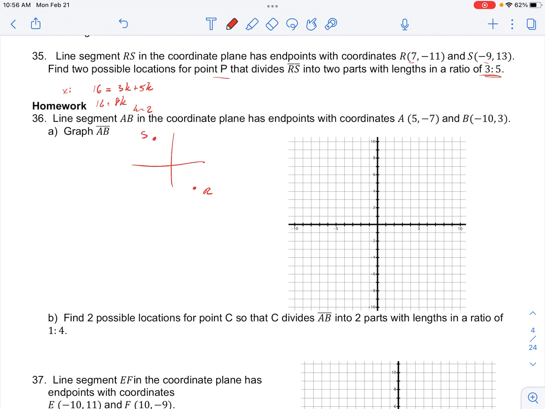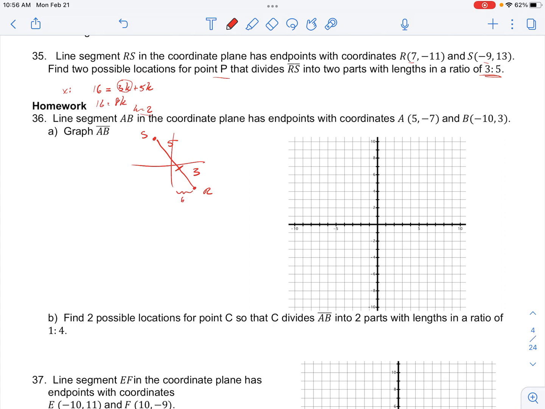If we're going from R, let's say this is the segment we want to label as 3, and this is the segment we want to label as 5. So going 3 partitions from R, that'll be 3 times k, and k is 2, so that'll be 6 from R.